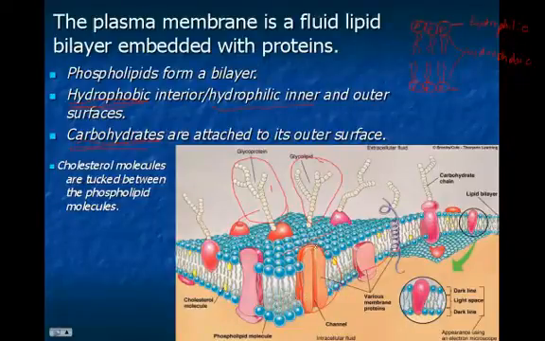Okay, and these are proteins, and we're going to have certain proteins that are embedded throughout the membrane, and these are going to be important because they're going to form things like protein channels that will allow us to regulate the movements of certain molecules into and out of the cell through these protein channels. They'll allow certain molecules to move through that membrane that normally wouldn't be able to move through this lipid bilayer, especially this fatty acid hydrophobic interior here.